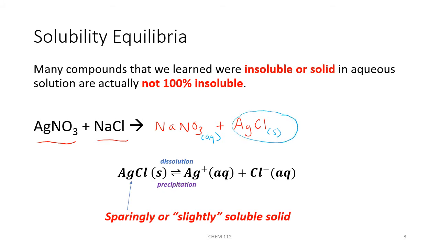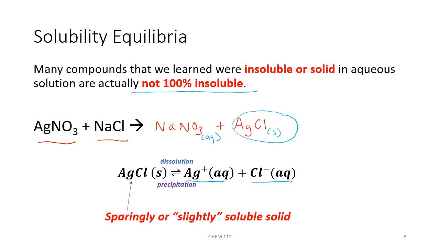Now, what we're going to talk about in this chapter is that even though that silver chloride is a solid and it's mostly insoluble, it's not actually 100% insoluble. So some of that silver chloride will dissociate and break up into its respective ions, which are the silver plus ion and the chloride anion.